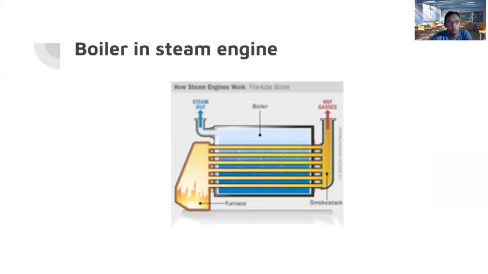The radiation comes from the furnace. As you can see, the furnace will heat up the water in the boiler. Then conduction will happen from the surface with a high temperature to the low temperature, where the steam will come out from the boiler itself. Further explanation of the boiler and steam engine will be given by Ravi Shankar.